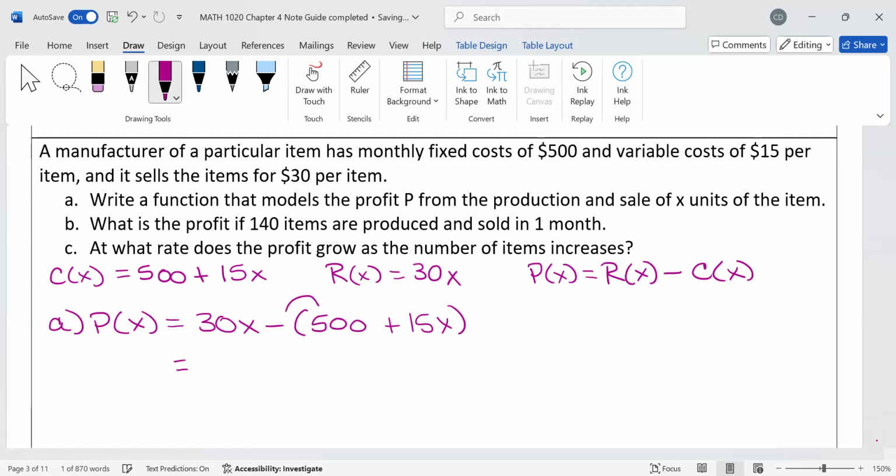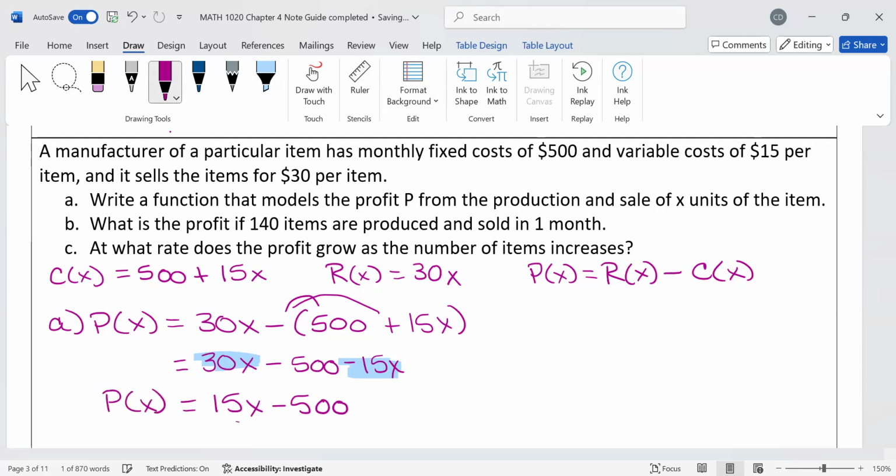All right, from there we need to distribute the negative, which just changes the signs of everything inside. And from there, just combine things of the same kind. We have two terms with x's, so 30x minus 15x is 15x, and then bring down the minus 500. So that is our profit function.